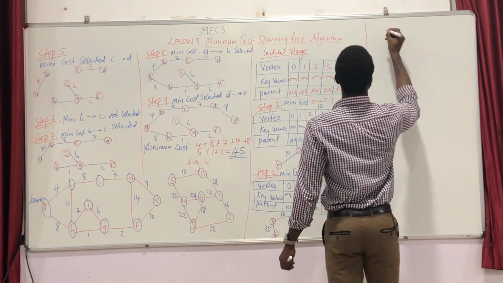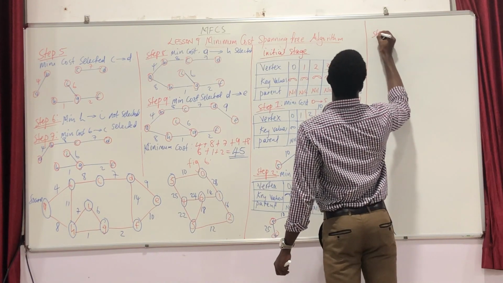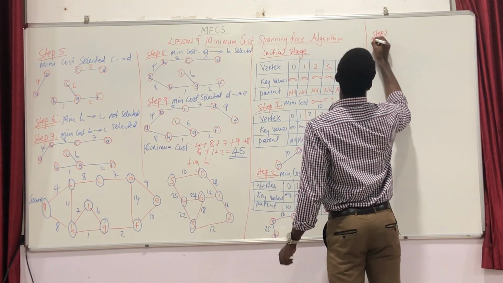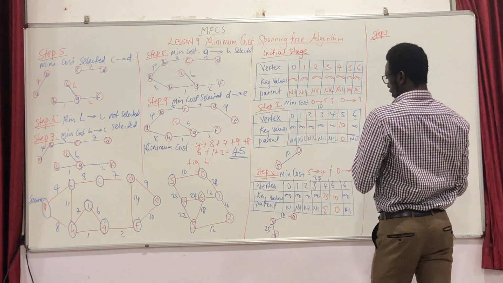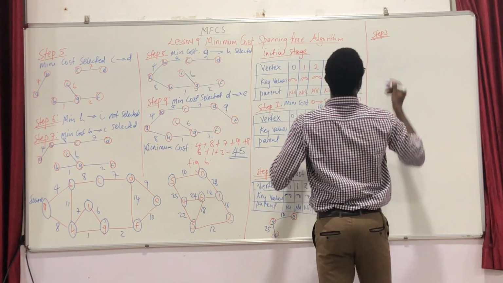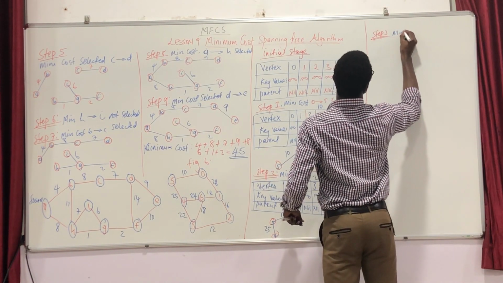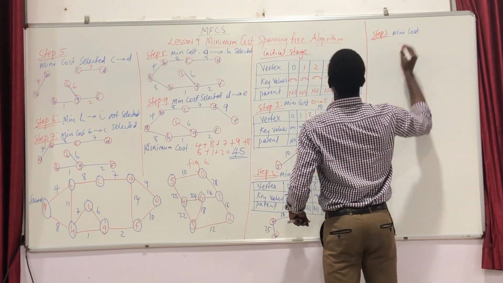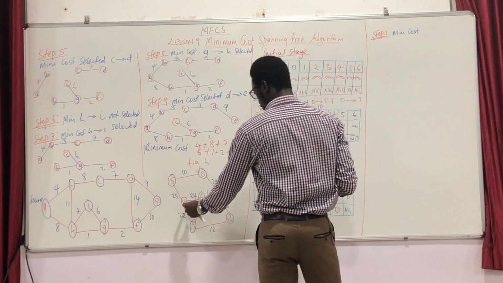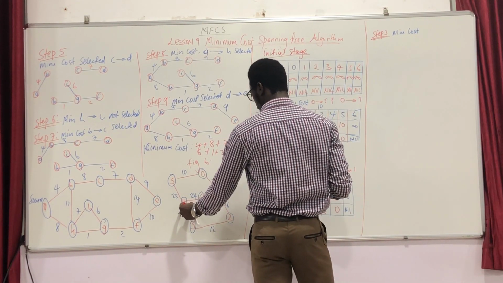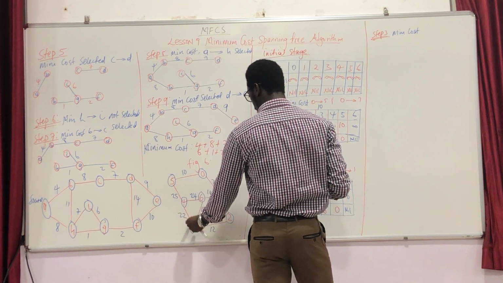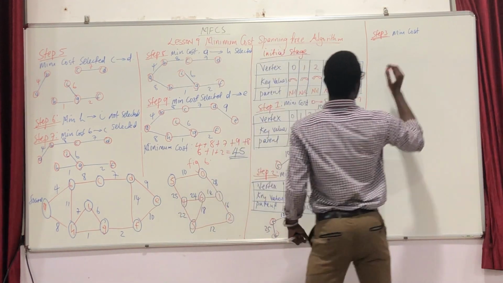Okay, step 3. Step 3 again, minimum cost. Minimum cost from 4, we have 2 regions. Either we will come 4 to 3 or 4 to 6.